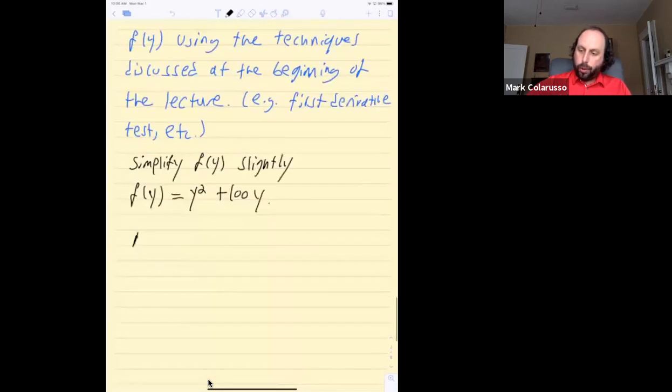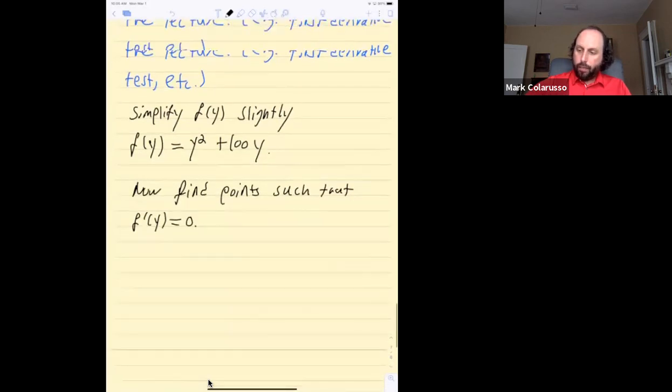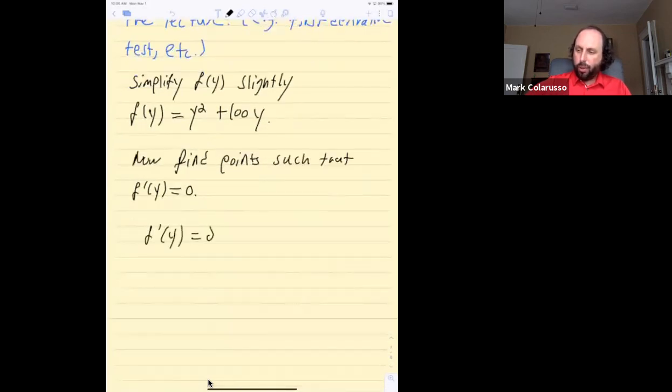And so now find points such that f prime at y equals 0. So f prime at y equals 2y plus 100, and set f prime at y equal to 0 and solve and see what we get.